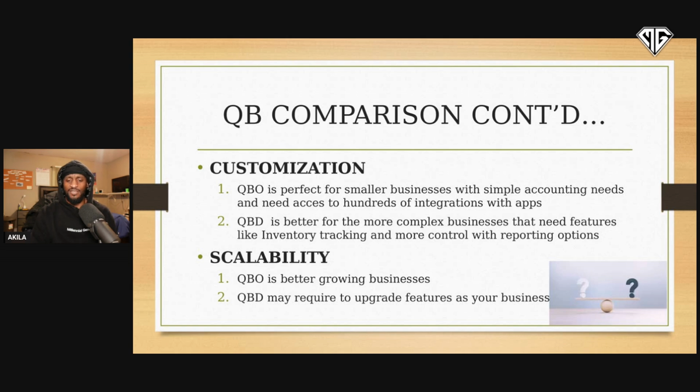It definitely has better offline functionality because you don't really need internet to make it work. You just need to have that downloaded and you can use the platform. So it doesn't rely on internet like QuickBooks Online does. So you definitely have a little bit more powerful reporting and customization with QuickBooks Desktop.